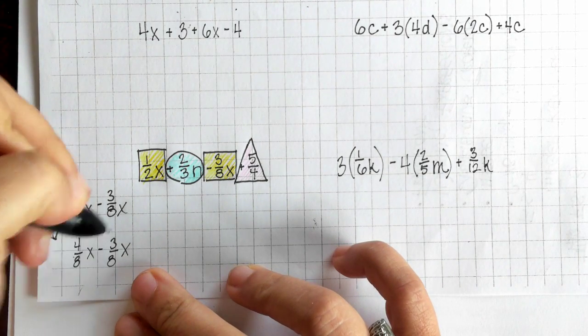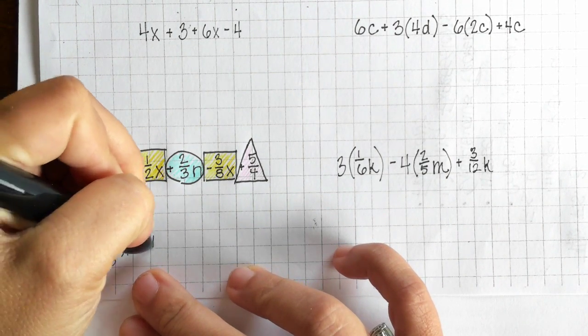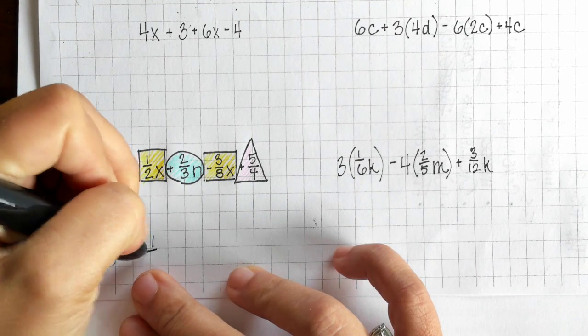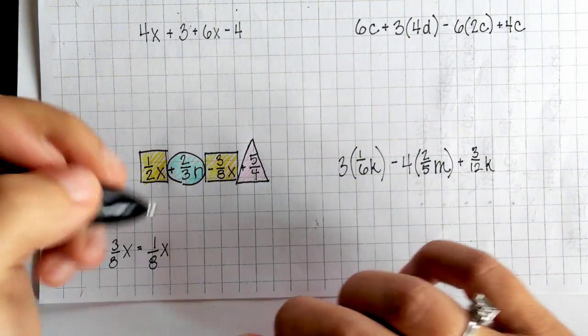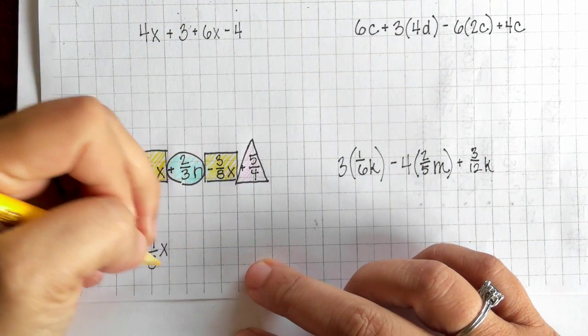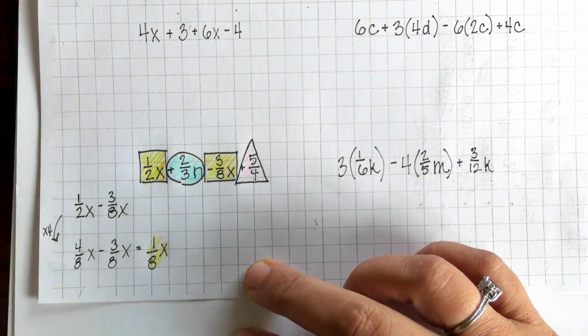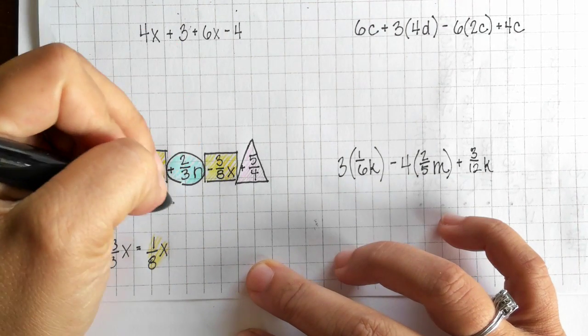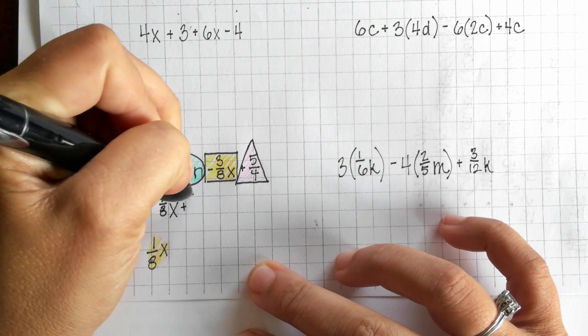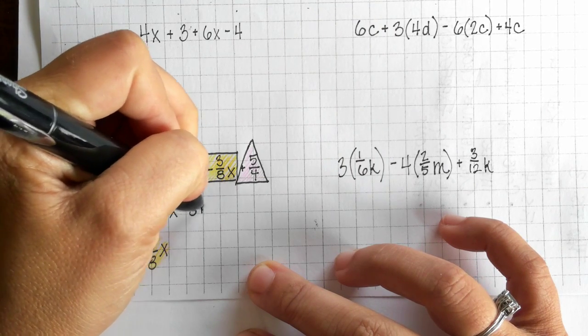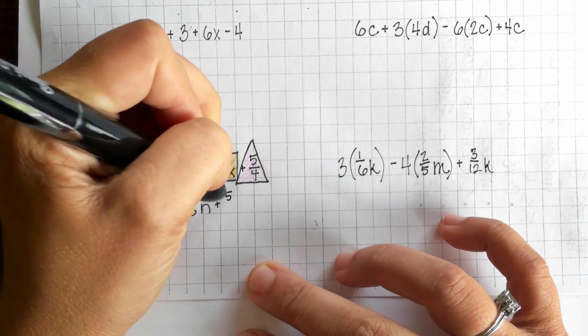And now I can do my subtraction. I've got 4 minus 3, and that gives me 1. Got the common denominator of 8, so it's 1/8 x. So as I combine this, this was my yellow piece there. Now as I combine the parts, I have 1/8 x plus 2/3 n plus 5/4.